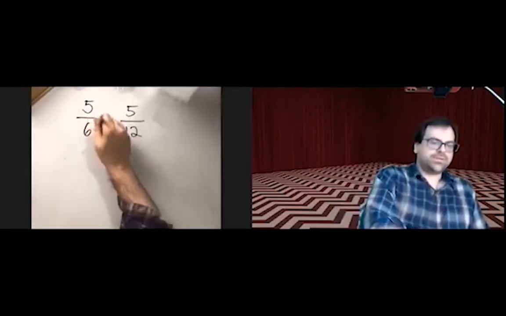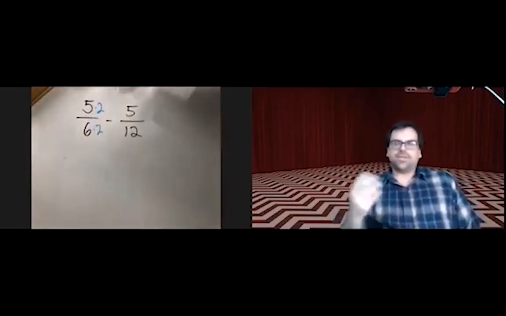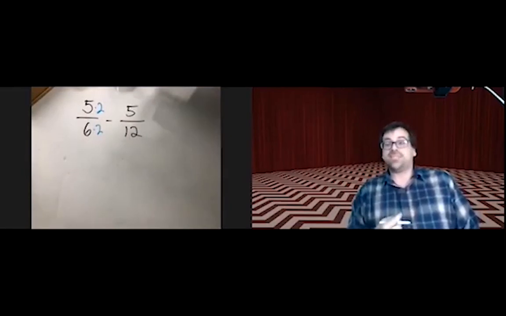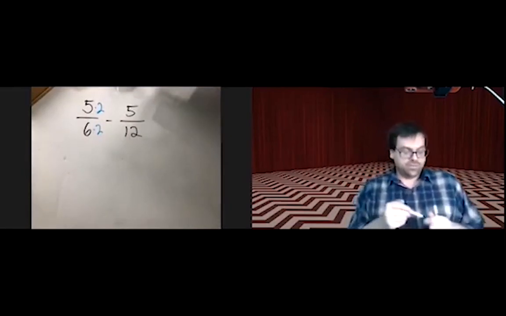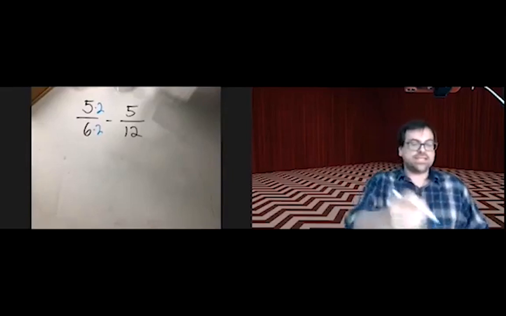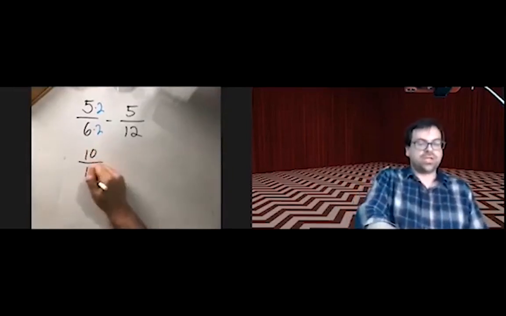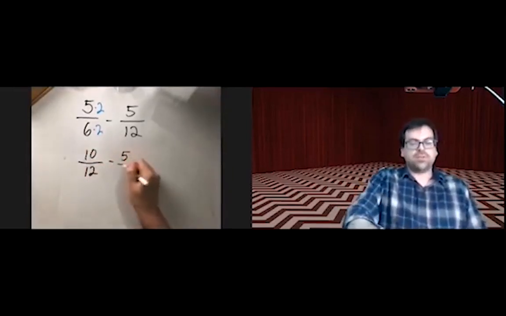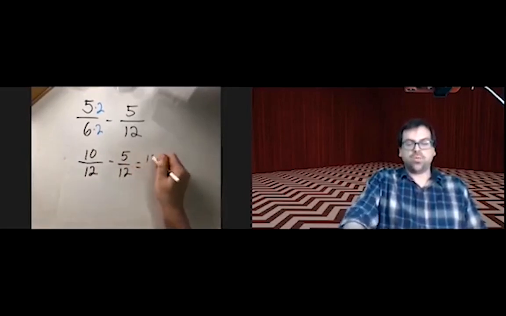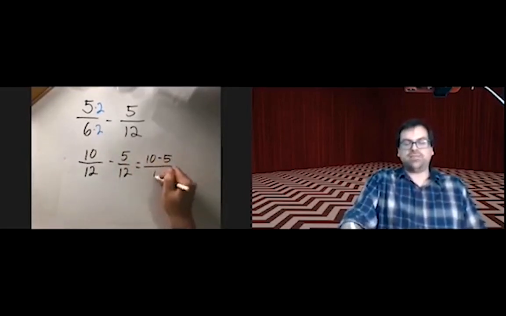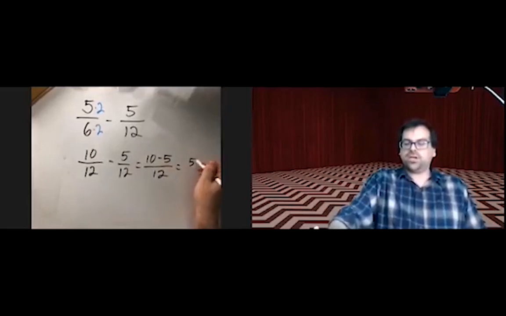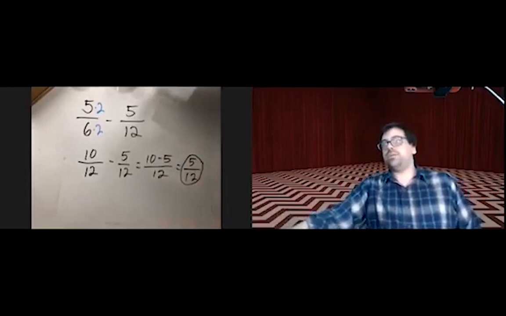But if we do times 2 and times 2, because the least common multiple of 6 and 12 would be 12, that turns these into 10/12 minus 5/12, which is 10 minus 5 over 12. Our answer would be 5/12.